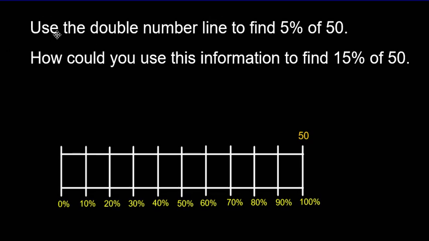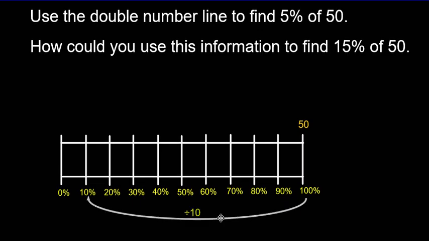Now we want to practice using the double number line to find 5% of 50. Okay, 5% of 50. So the first thing we think of is how to get to 10%. Since 100% divided by 10 equals 10%, we can take 50 divided by 10 to get 10% of 50 equals 5.